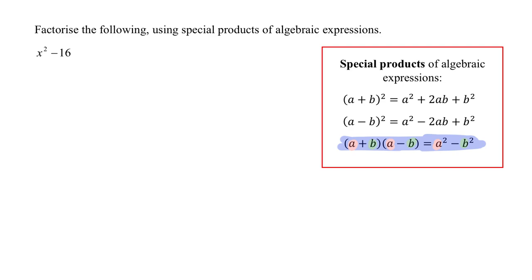So I'm going to rewrite this as X squared minus, what number squared gives me 16? Yes, 4. So have you found out what is my A and my B?